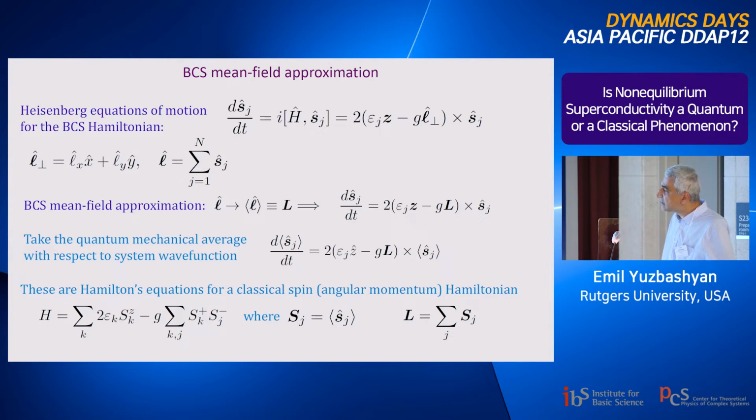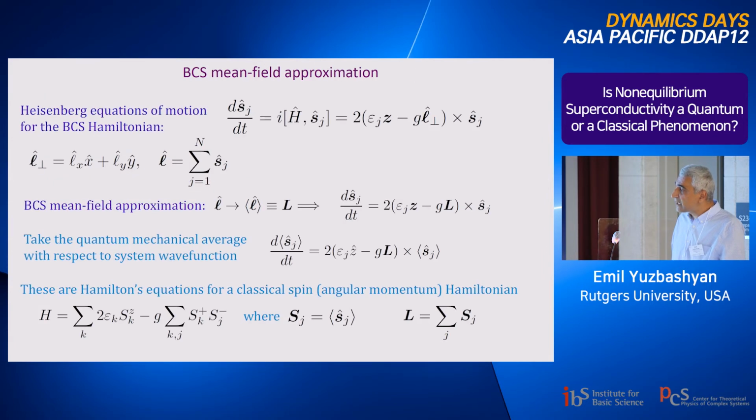And we see immediately that the averages of spins, these capital S_j's, behave as classical angular momenta of fixed length. And that these equations of motion are actually Hamilton's equations of motion for this classical spin Hamiltonian.